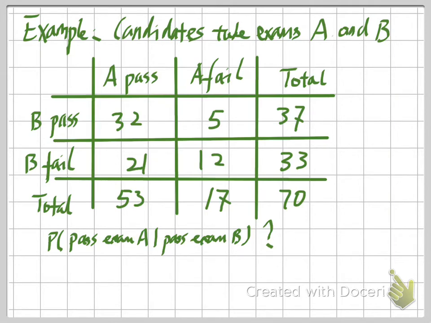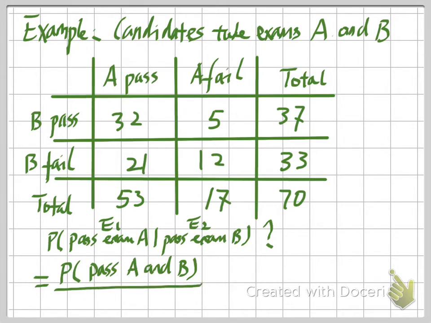The numerator is the people who pass both A and B, the intersection of the two events. We can call them E1 and E2, where E1 is pass exam A and E2 is pass exam B, so the numerator is E1 intersection E2. In other words, they need to pass both of the exams.